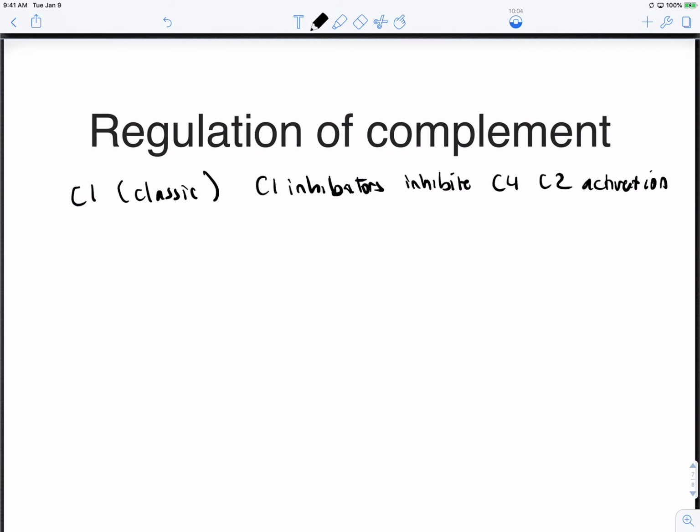The next one you have is a soluble and membrane-bound inhibitors of C3.